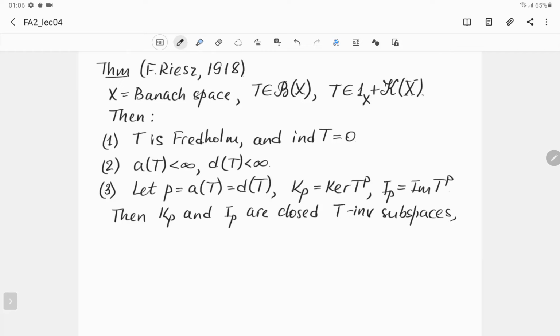Moreover, K_p is finite dimensional. Also, X is the direct sum of K_p and I_p. T restricted to K_p is nilpotent.